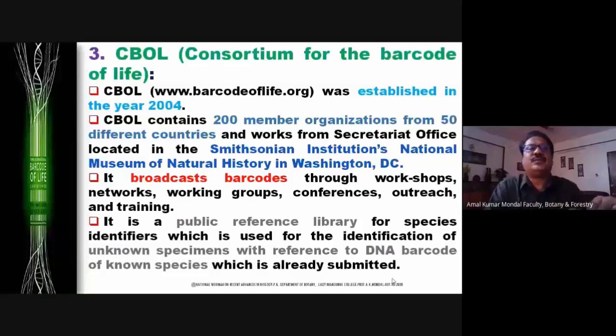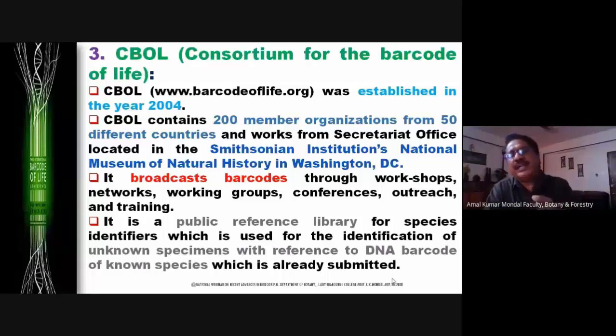Consortium for the Barcode of Life, CBOL. CBOL was established in the year 2004. CBOL contains 200 member organizations from 50 different countries and works from a Secretariat Office located in the Smithsonian Institution, National Museum of Natural History in Washington, D.C. It promotes barcoding through workshops, networks, working groups, conferences, outreach, and training.